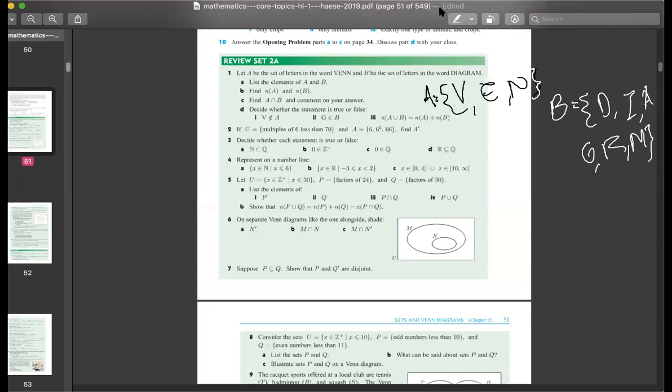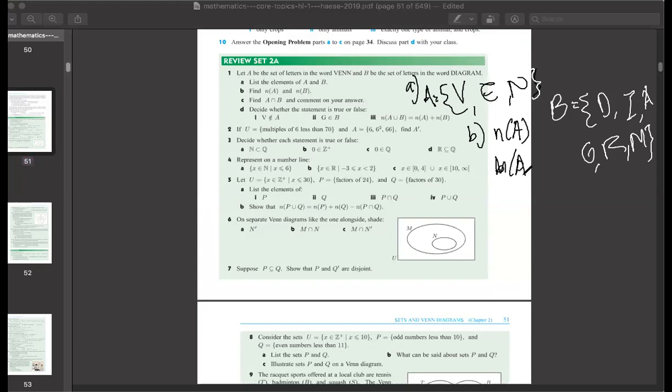Okay, so since I've covered part A, I'm just gonna skip that. For part B, you're supposed to find the union of A and B. If you see this and this, it's pretty much just 3 and 1, 2, 3, 4, 5, 6.